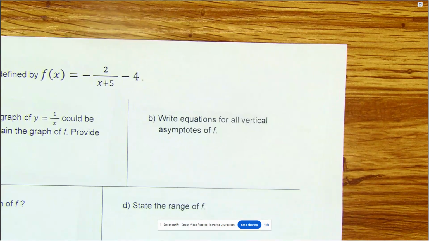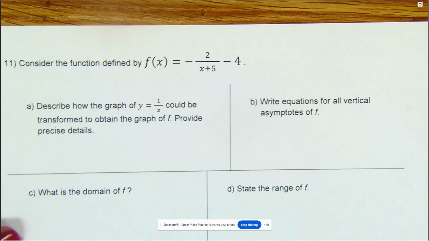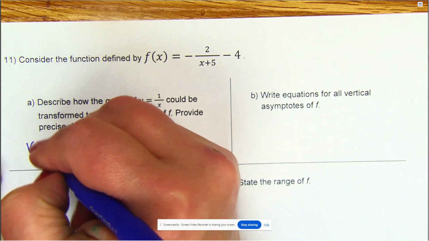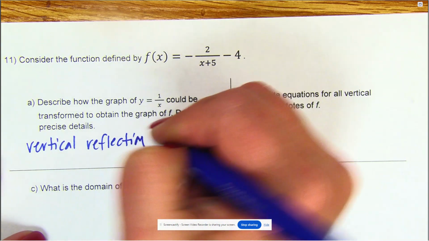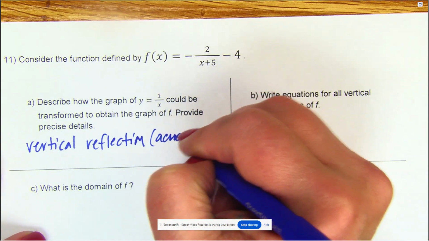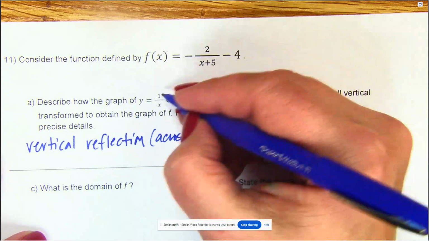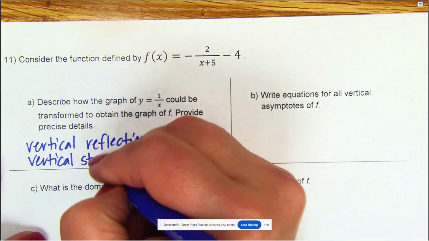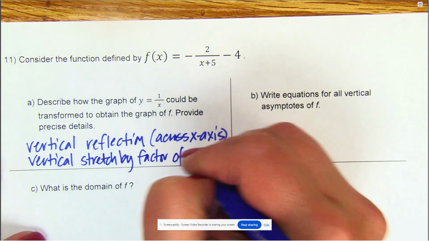Last page. All right. Now here's a reciprocal function, a rational function. It says, how could this have been transformed to this? So we have a vertical reflection for that negative in front, which is across the x-axis. We have this 2, right, was a 1, so that's a vertical stretch by a factor of 2.